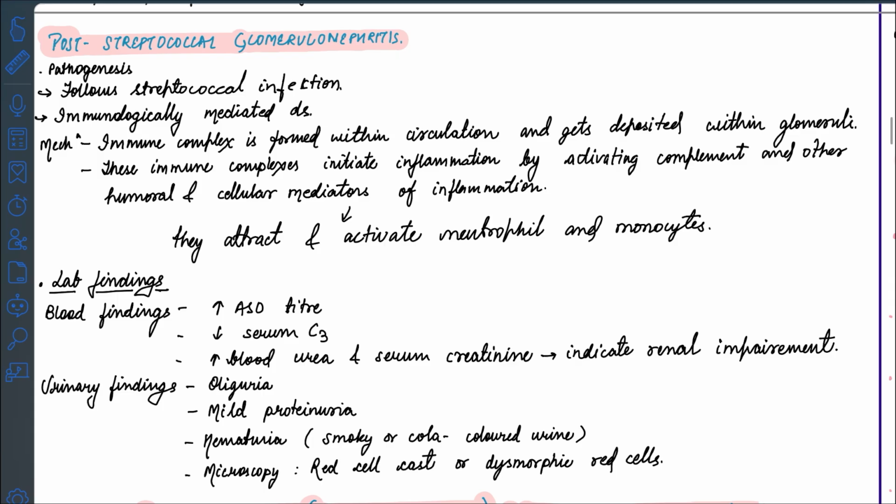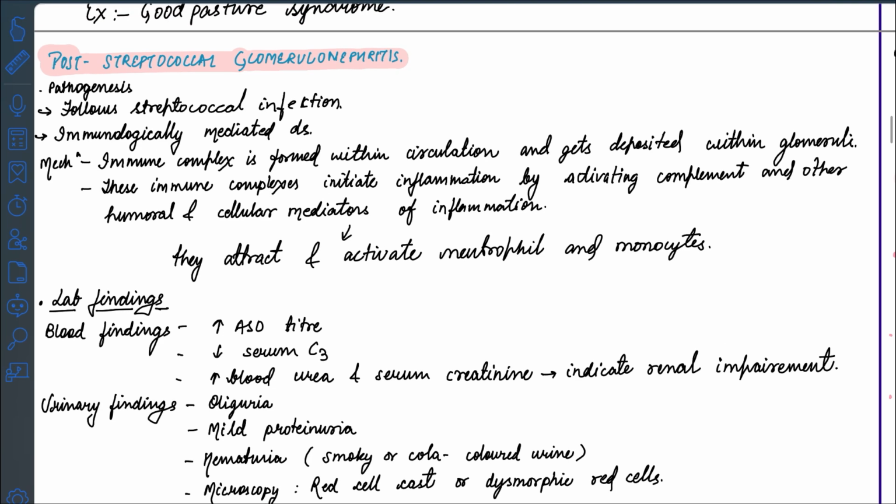The third disease is post-streptococcal glomerulonephritis. नाम से पता चल रहा है it is caused due to the infection by streptococcus, which can be like an initiator for the glomerulonephritis. Pathogenesis of this disease is that it follows streptococcal infection.